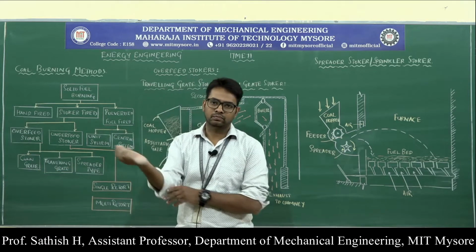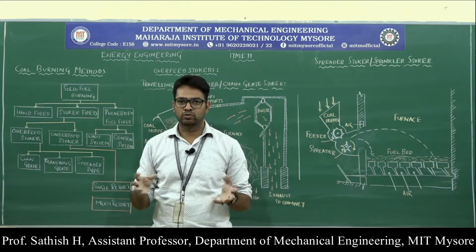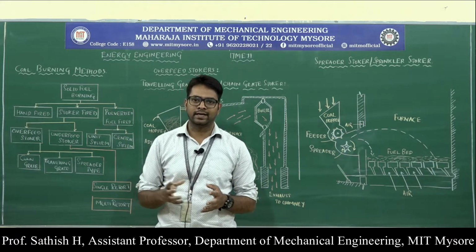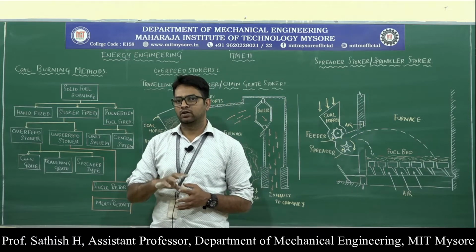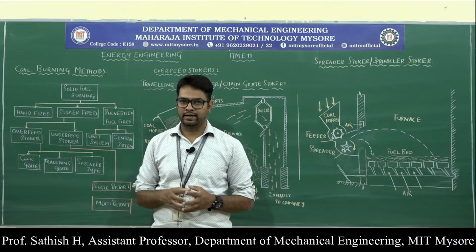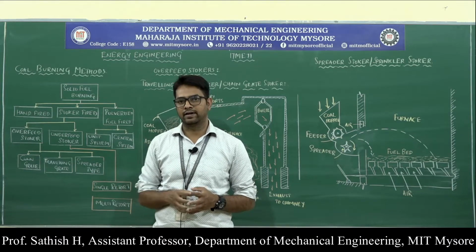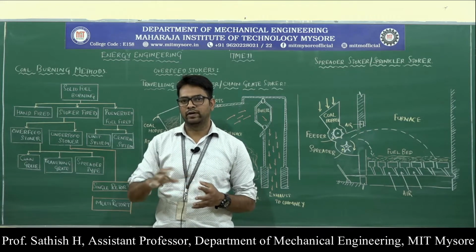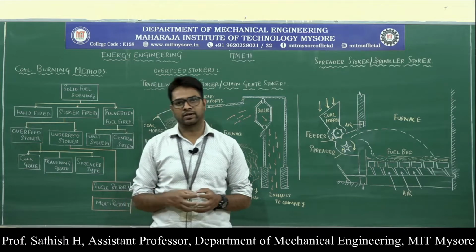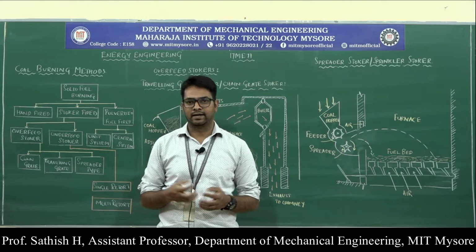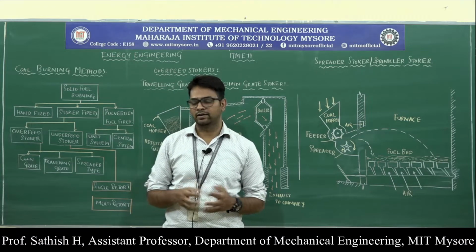Here we have two sprockets over which an endless chain is mounted, and the coal is moved into the furnace. While moving, combustion of the coal takes place in the presence of air, or oxygen.